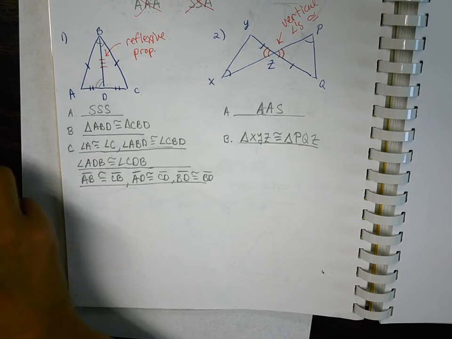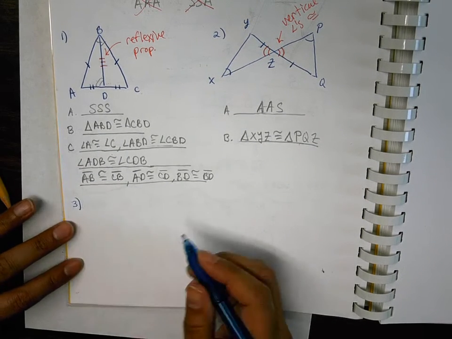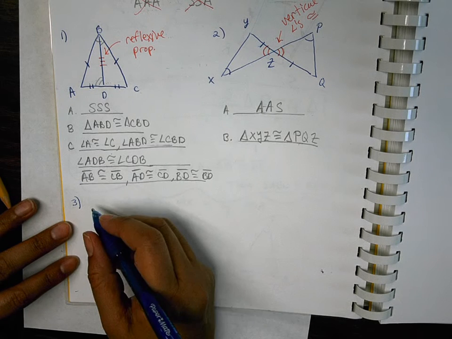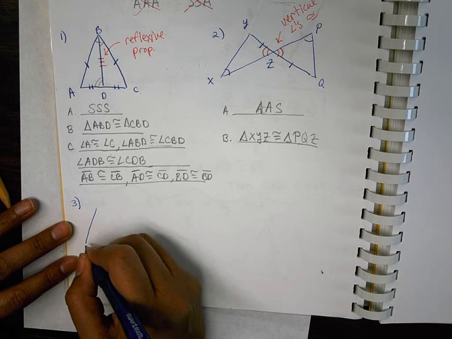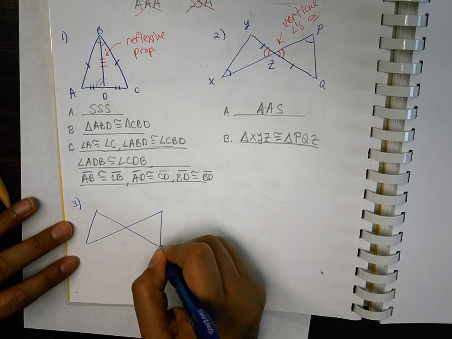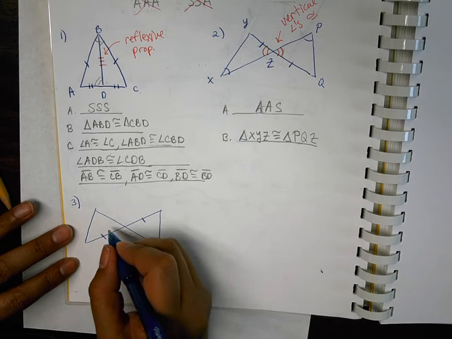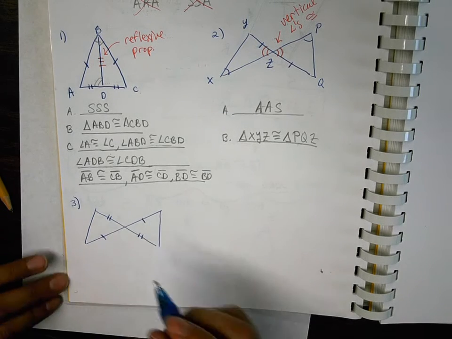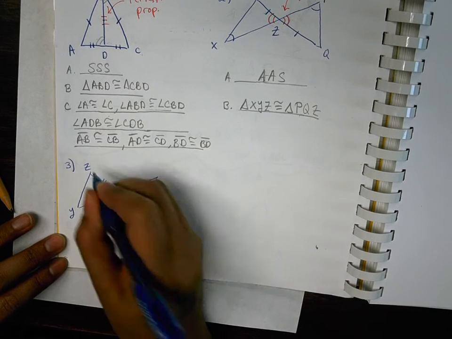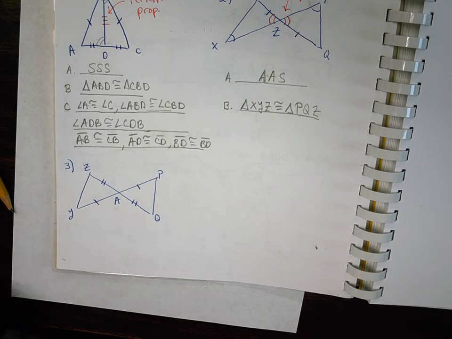All right, let's try one more, maybe 2 more, and this time we're only going to do part A. Are you ready? This one we're only going to do part A. X, Y, Z, P, Q. Now that's all I've given you.